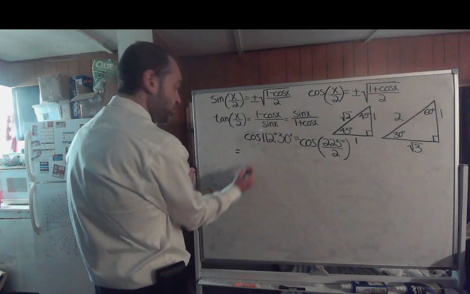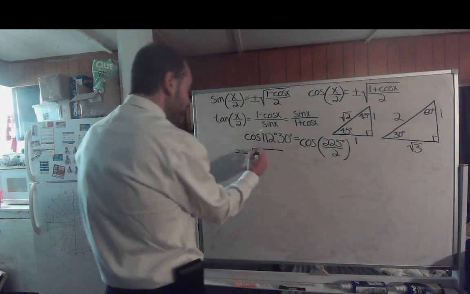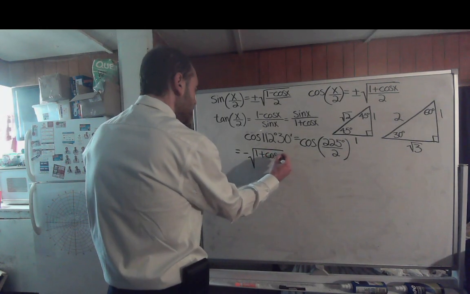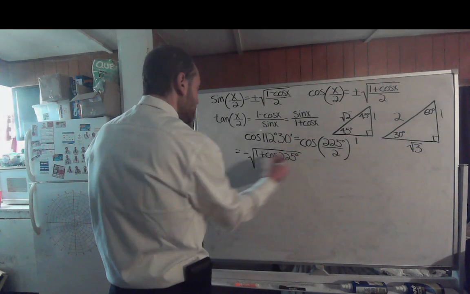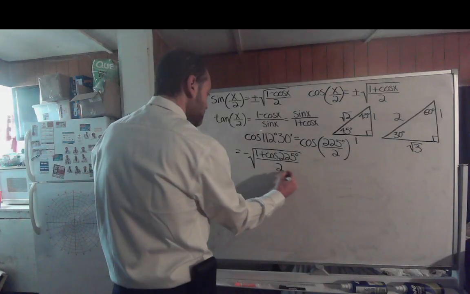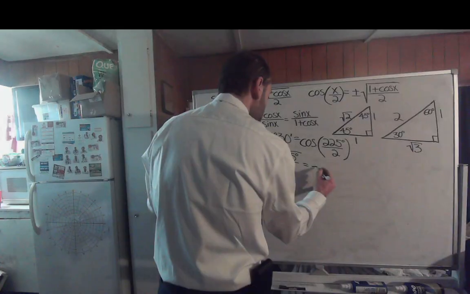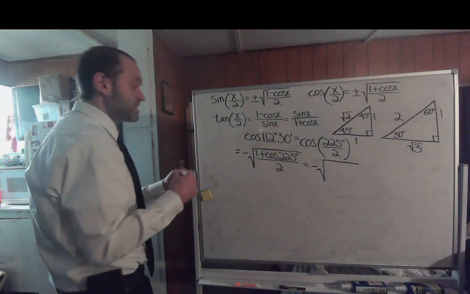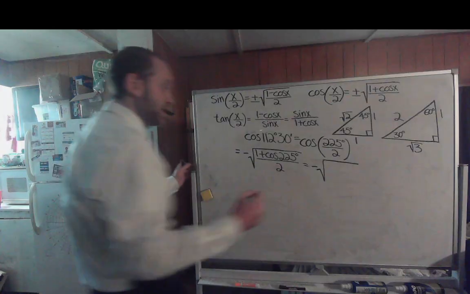So applying your formula, take the negative of the square root of 1 plus the cosine of 225 degrees, all over 2. Okay, well, what is the cosine of 225 degrees? That's based off the cosine of 45, but in the third quadrant, which would also be negative.